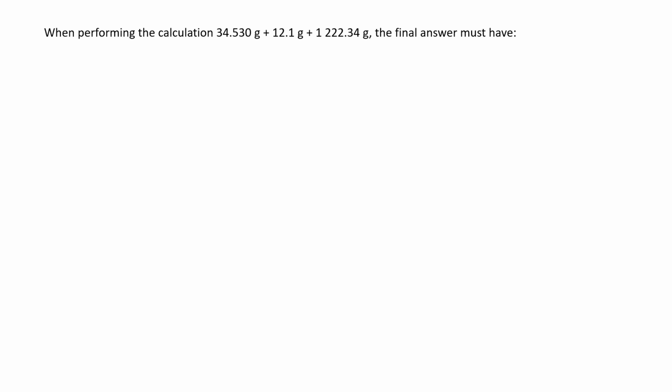When performing the calculation, the final answer must have, so this is an addition and we are going to consider the decimal places. This one has 3 decimal places, this one has 1, this one has 2 decimal places. So the final answer must have just 1 decimal place.